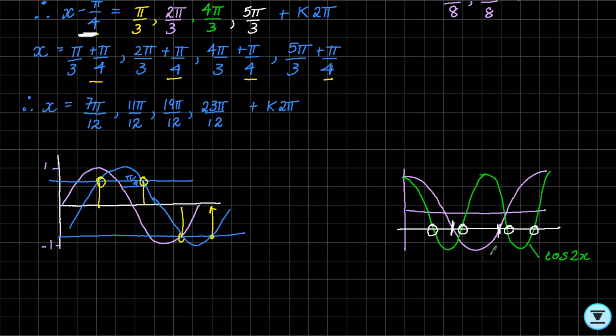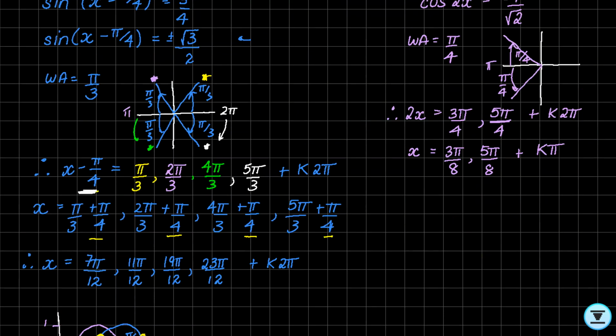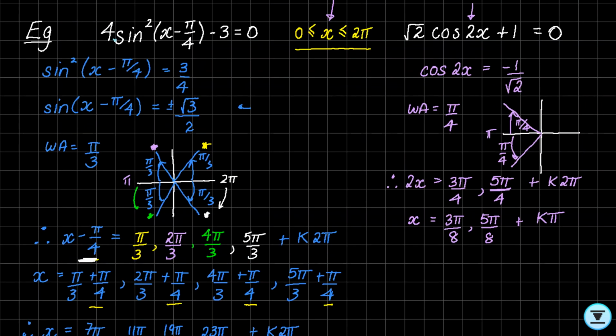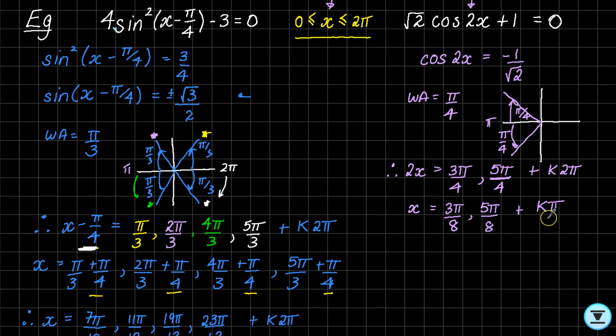So we should be expecting double the solutions. To get all of those solutions, basically what we have to do is now keep adding on pi to each one of these solutions. And again, I'm not going to go for my calculator. No need. I know that pi, if I'm dealing in eighths, is going to be 8 pi on 8.